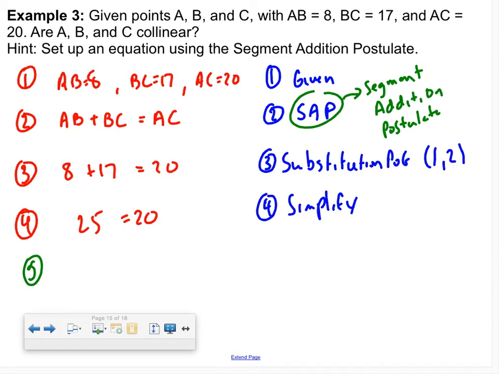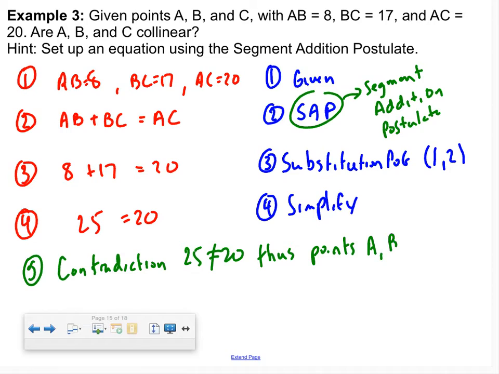So line 5. Our contradiction is that 25 does not equal 20, right? Thus, points A, B, C are not collinear.